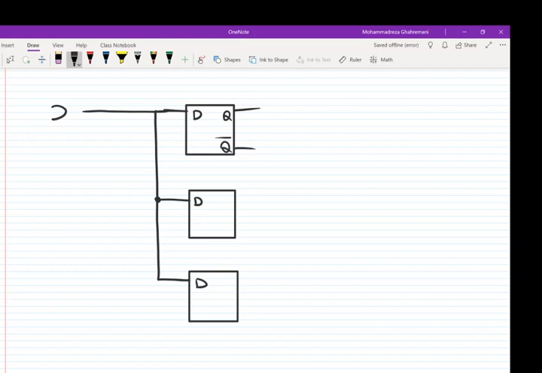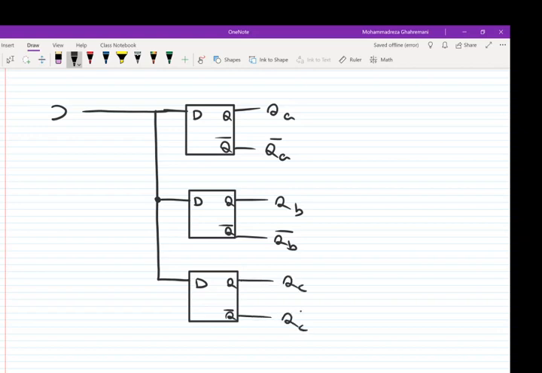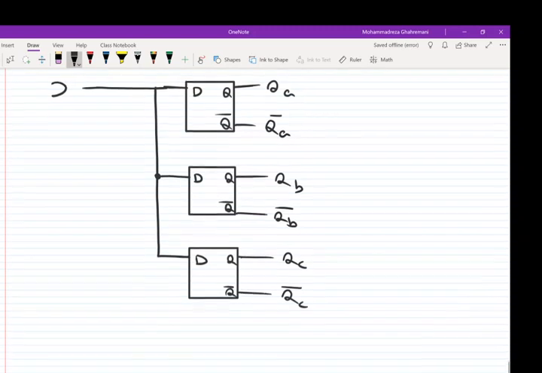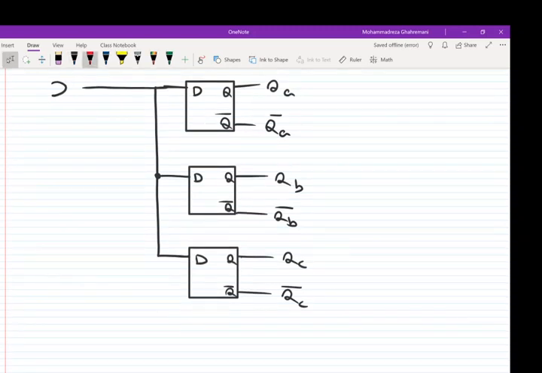For the first one, we call it QA and QA bar. The second one also has Q and Q bar, which we call QB and QB bar. The third one, the same, we call it QC, QC bar. And all of them have clock, and the clock is connected to these elements.